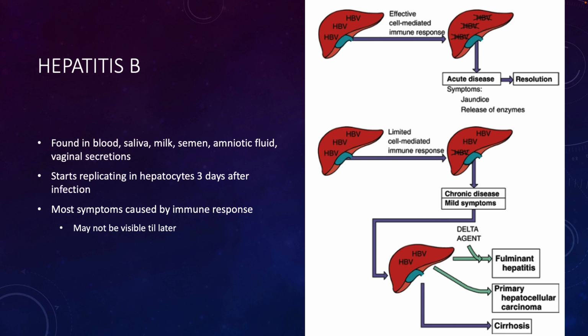What is delta agent? Well, we'll get to delta agent in more detail in just a little bit, but delta agent is another term for hepatitis D. So if a patient is co-infected or super-infected with hepatitis B and hepatitis D, there is the risk of the development of that fulminant hepatitis. And again, hepatitis D will come up in just a little bit as soon as we're finished talking about hepatitis B.